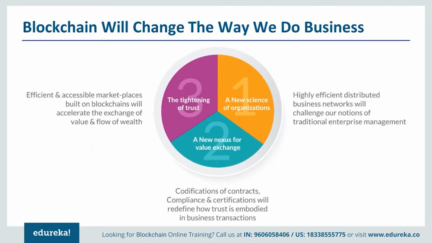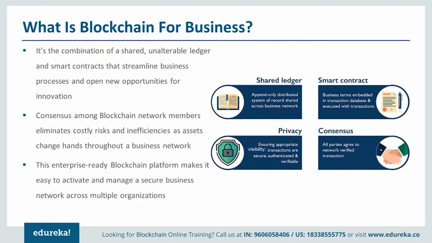Blockchain, I think we already know, lets us create a highly efficient distributed business network. We can do the codification of contracts, compliance and certifications, which will redefine how trust is embodied. Efficient and accessible marketplaces built on blockchains will accelerate the exchange of information and value. Now, these four things are key characteristics of blockchain for business.